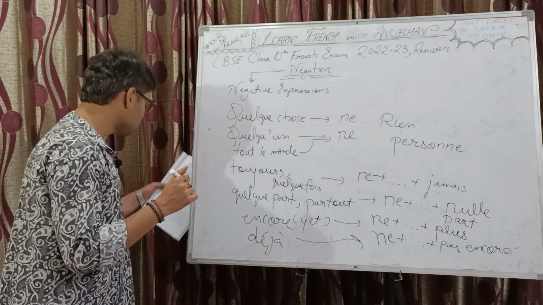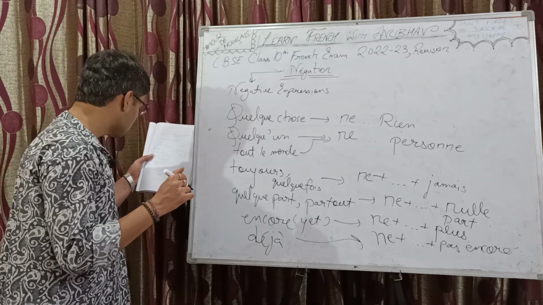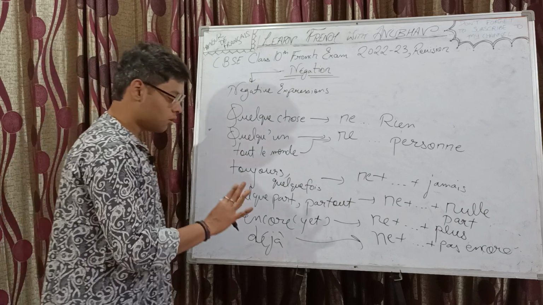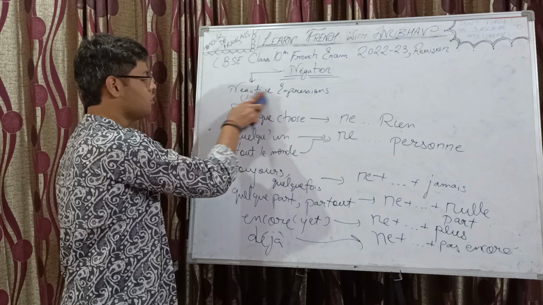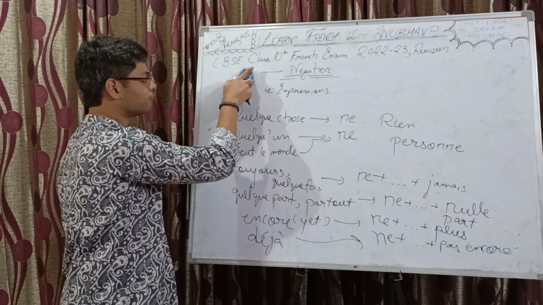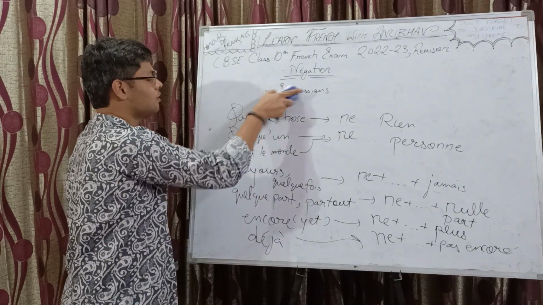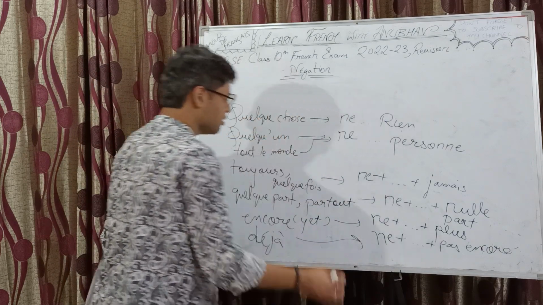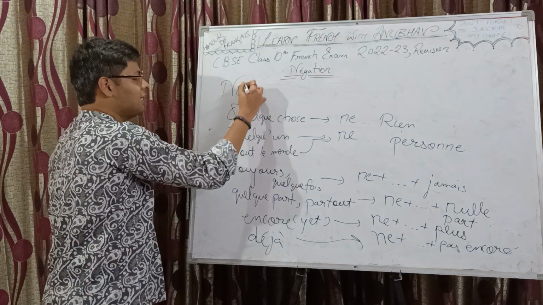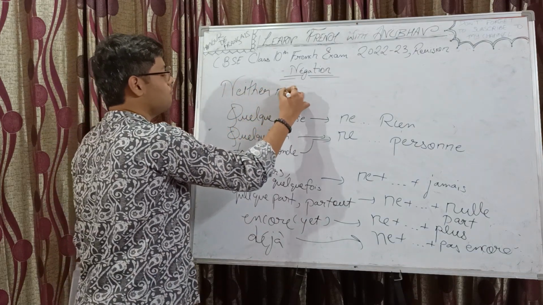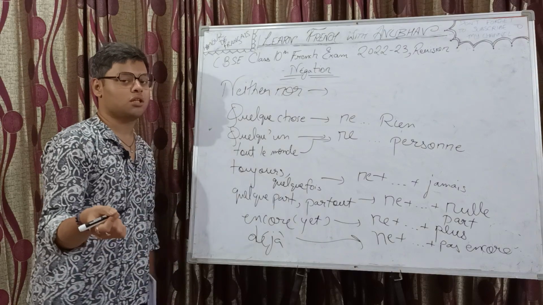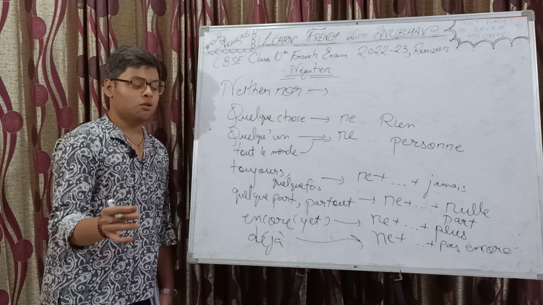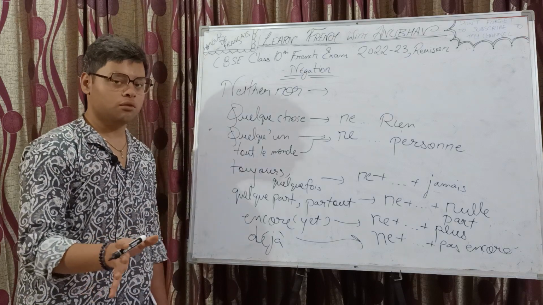And I guess we are left with discussing only one. Yeah, only one is left. I hope this much is sufficient for class 10th syllabus. But wait, there's one more left. So it's for neither nor, okay. Maybe you have two objects mentioned in the question, and then you need to reply that you want neither of them, or you like neither of them, right?